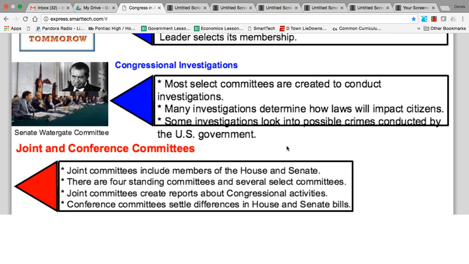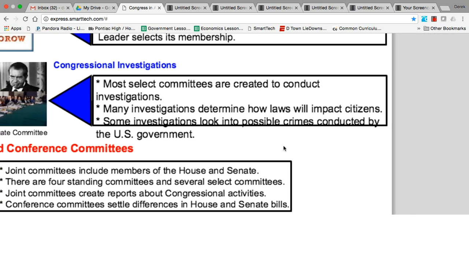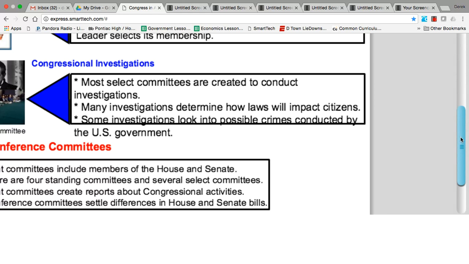If the House passes a bill, and the Senate passes a bill, and there are slight differences between them, they'll create a conference committee, a meeting between the House and the Senate, so that they can come to some compromises on how a bill is phrased so that they are the exact same. And then they have to be repassed by both the House and the Senate before they go on to the President to become a law.